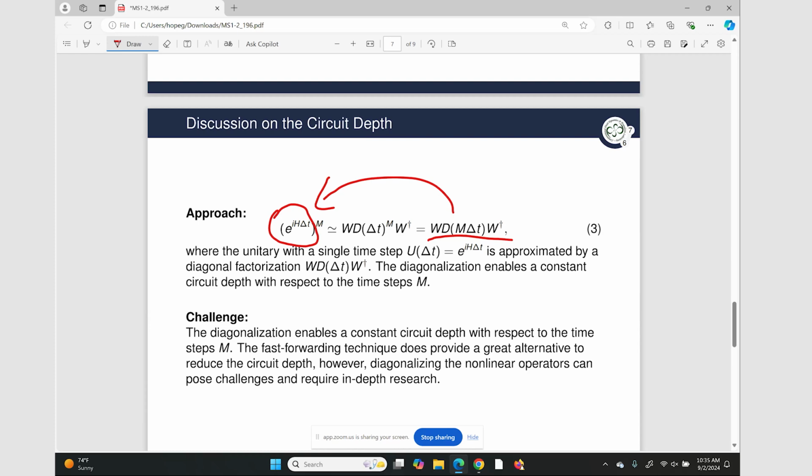But the challenge is the diagonalization. It's like every new method always comes with challenges, and then we have to find a new way to overcome them. So here the challenge is diagonalizing this term here, and it involves optimization.